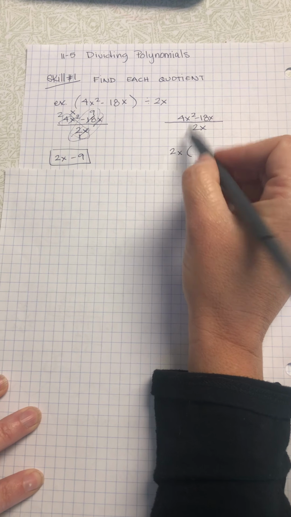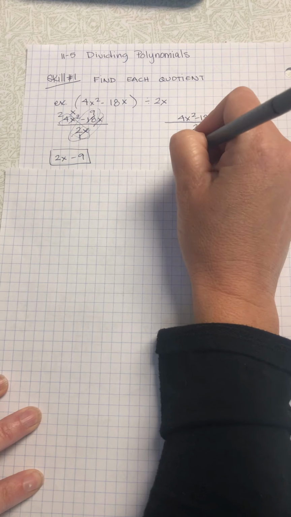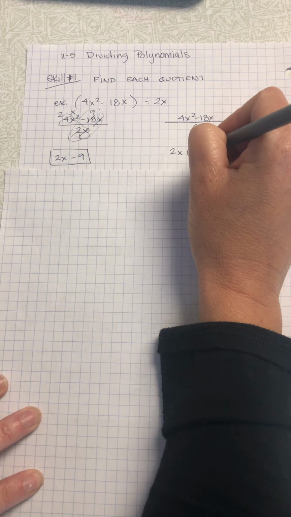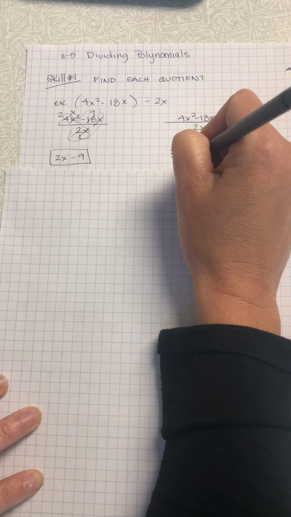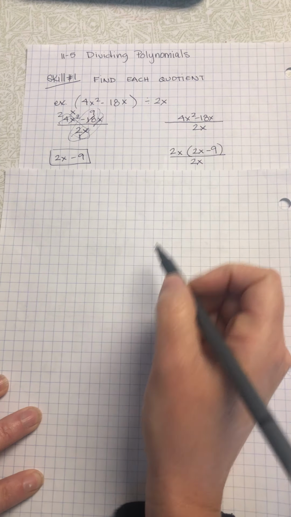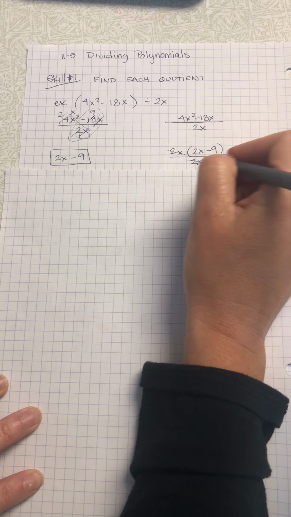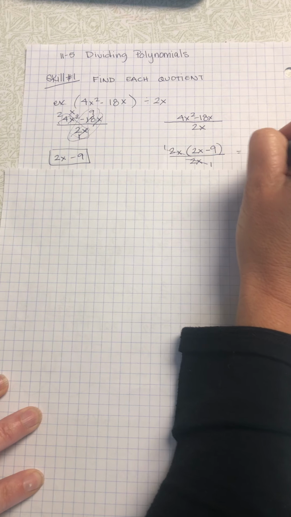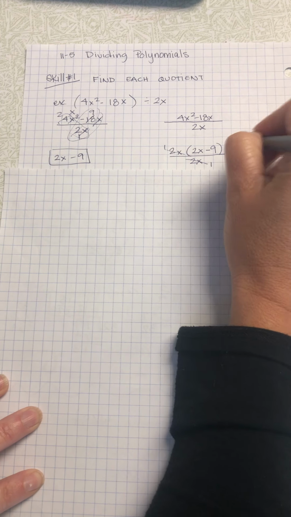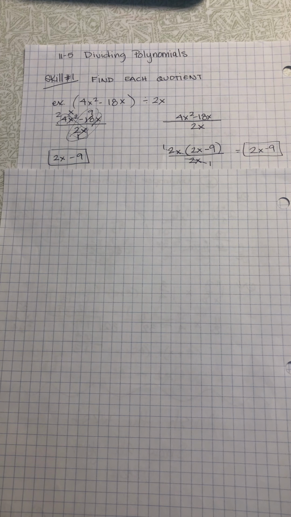And after I pull out a 2x, what's left on the inside is a 2x minus 9 over the original denominator. And now I have nice and clean 2x divided by 2x, which leaves me with the answer 2x minus 9. So whichever way you prefer, that's what we're going to be doing in this lesson.